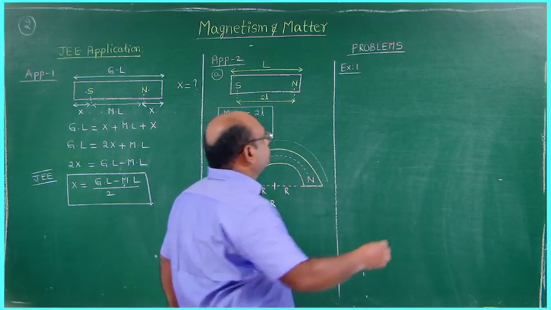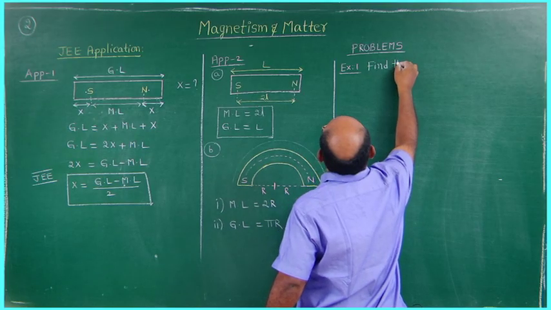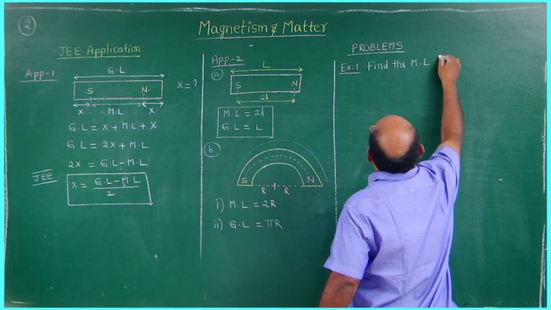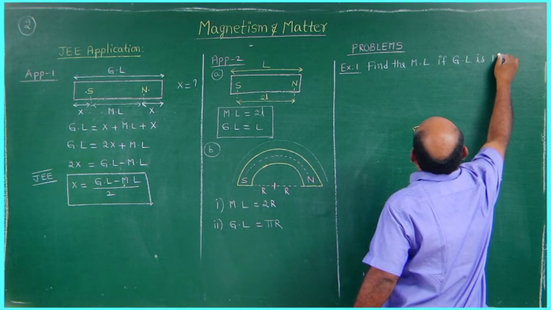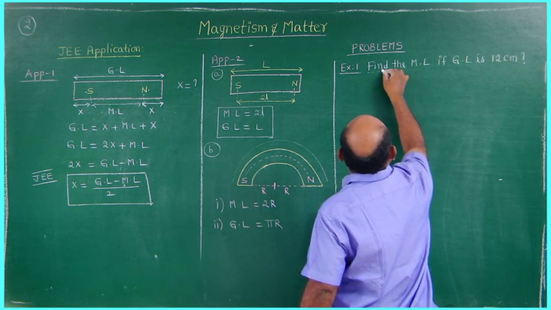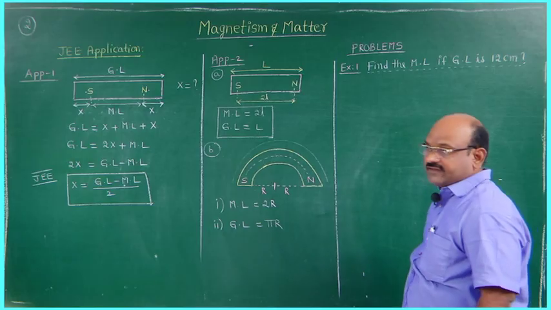Find the magnetic length if the geometric length is 12 centimeter. This is the first question. Find the magnetic length if the geometric length is 12 centimeter.